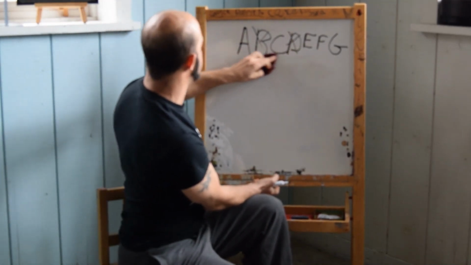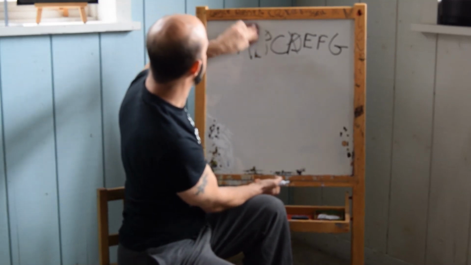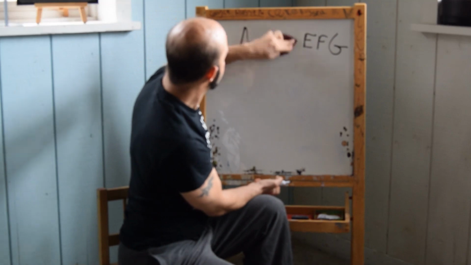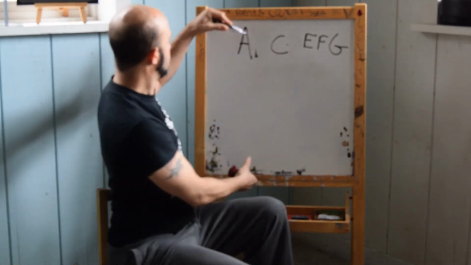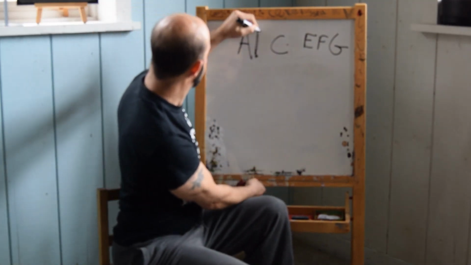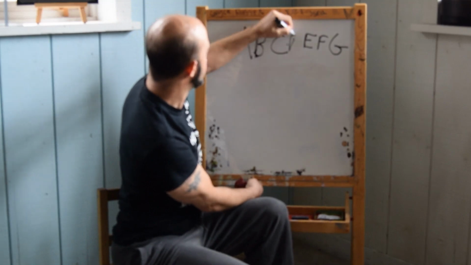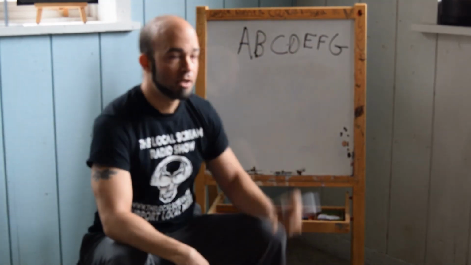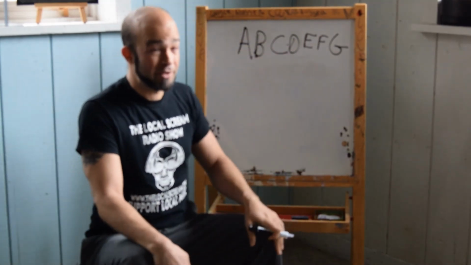Let's get rid of this. Okay. So we're going to have A, B, C, D, E, F, G. Do we have to have all 7 of the letters?